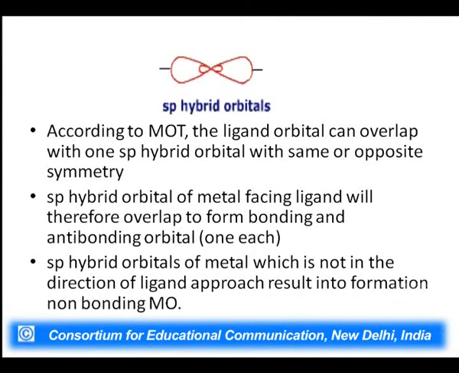Since there were two sp hybrid orbitals of the metal and one ligand orbital, in all there were three orbitals combining, so they will form three molecular orbitals, and we'll see that in the next diagram.